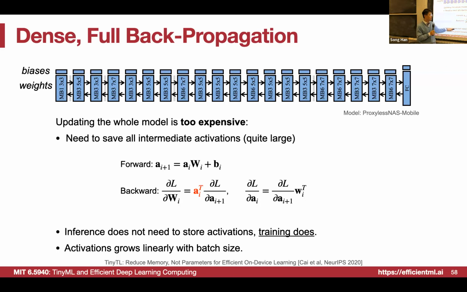Inference does not need to store those activations because you can throw them away after the next layer, but training does. And the activation grows linearly with the batch size. So if you can prune some of the layers, we can save not only the computation but also the memory, since we don't have to store those activations if we don't need to calculate the gradient of that layer's weight.